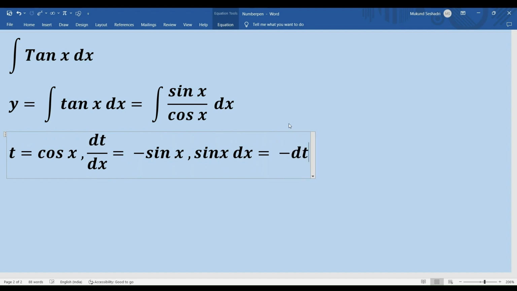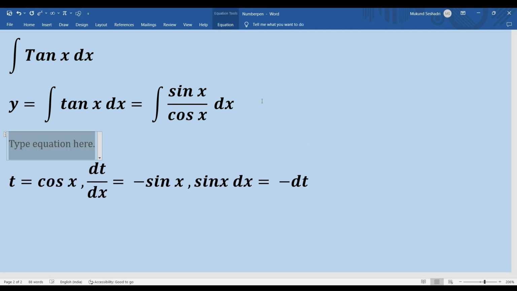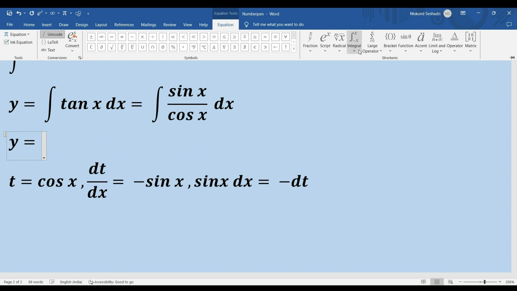Now I go back to my y. I notice that I have a sine x dx in the numerator. And if I try and express everything using t, I realize that I'm able to simplify my y and bring it to a much simpler form, right?